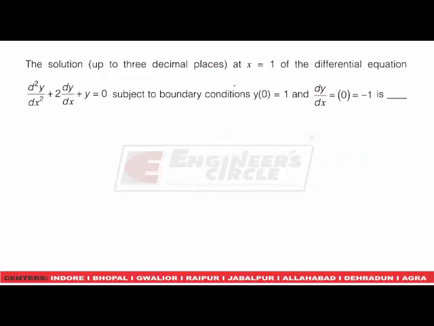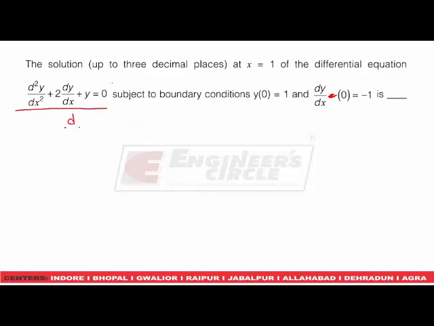The next question is, the solution up to 3 decimal places at x equal to 1 of the differential equation d square y by dx square plus 2 dy by dx plus y equal to 0, subject to boundary conditions y at 0 equal to 1 and dy by dx at 0 equal to minus 1, is. So we have to solve this differential equation.